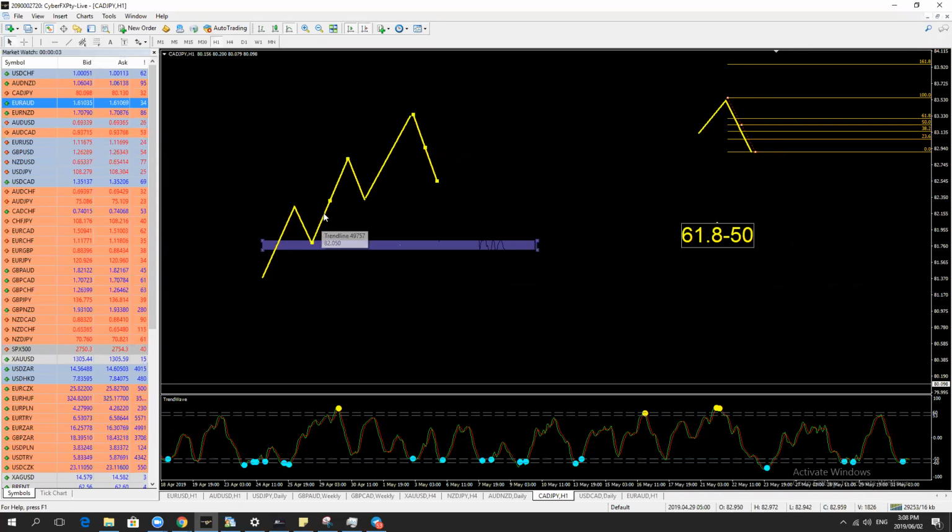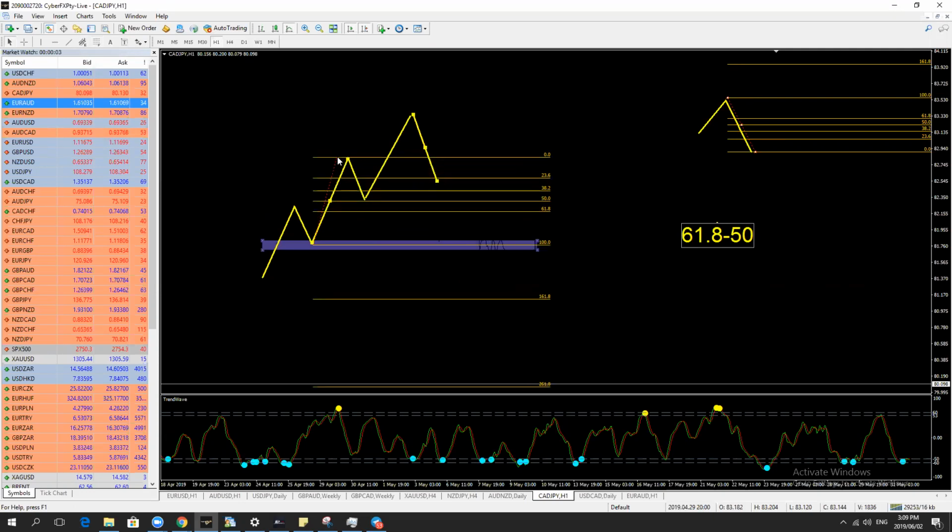Here's the long, chart goes up. Then candle starts showing me a retracement. What do I do? I draw the fib again from the last move, the trend, last move to the high. So I start from there now, right to the top there. Where do I look for entry?